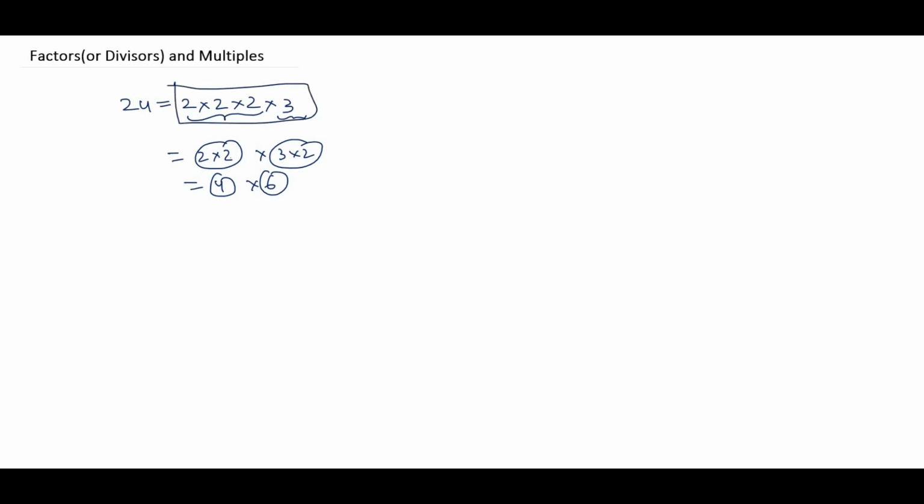So if you can arrange these numbers as product of two different numbers, those would be the factors of 24. Like one is 24 can be written as 4 into 6, another 24 can be written as 8 into 3. So 8 would also be a factor of 24. Similarly, 24 can be written as 12 into 2. So 12 is again a factor of 24.